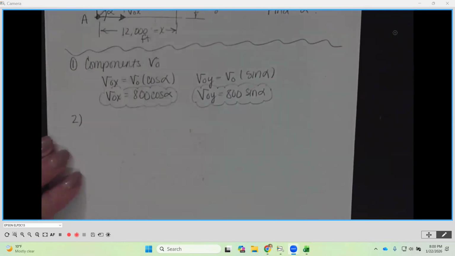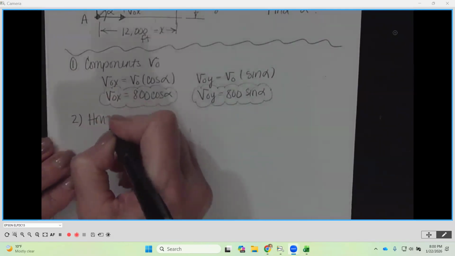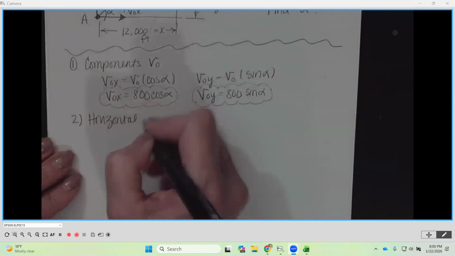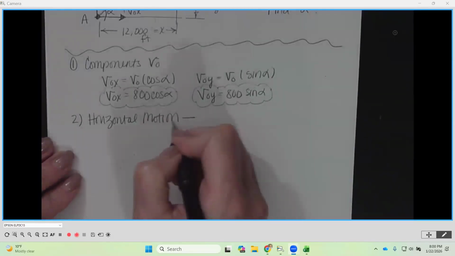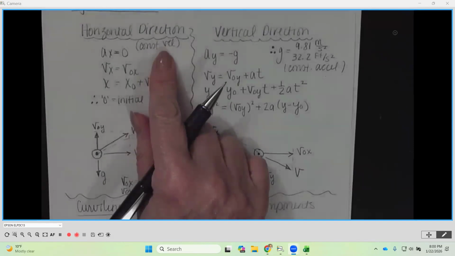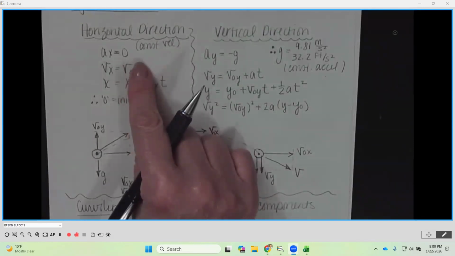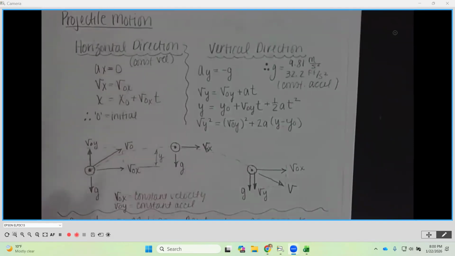Step number two, let's look at the horizontal motion to start. We know that horizontal motion for a projectile is always going to be constant velocity, so there is no acceleration, and so these are the equations that we get to deal with.